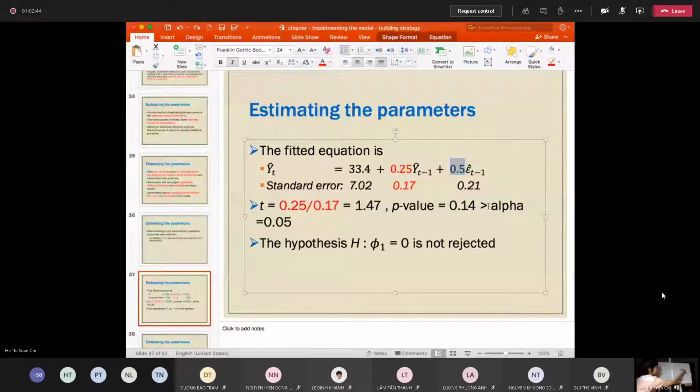The p value is greater than 0.05, so do I reject or not reject, everyone?